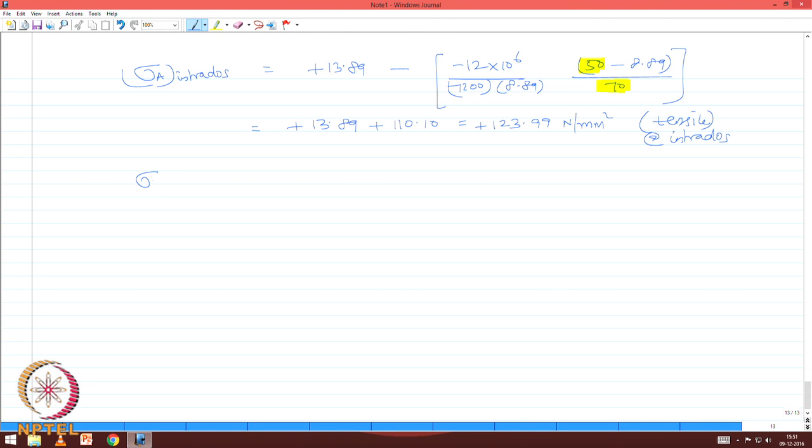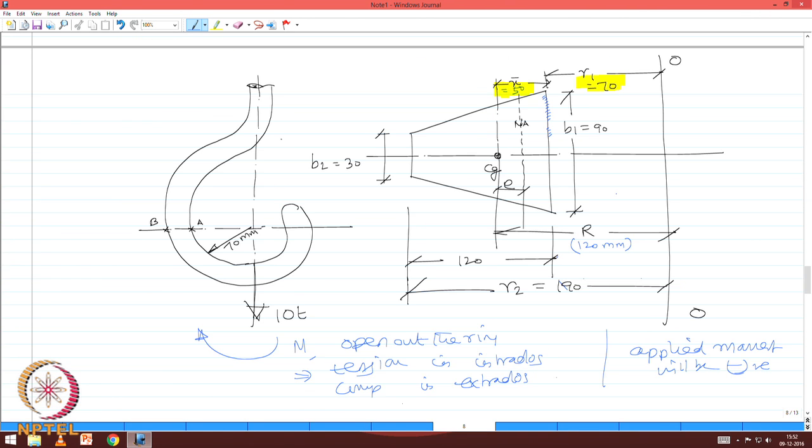Let us talk about the extradas, which is going to be plus 13.89 plus minus 12 10 power 6 by 7200 into 8.89. HO is 70 plus E 8.89 divided by 190. You can look at this figure.